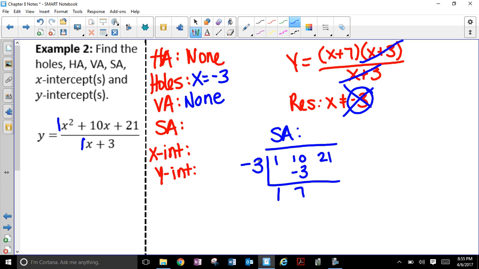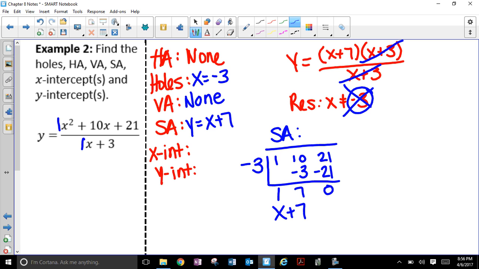Then multiply the -3 times 7 is -21. And then 21 plus -21 is 0. If you get 0 here, that means there's no remainder. So then my slant asymptote is x plus 7. And it's x to the first because we started with x squared, and then when you divide, it bumps it down a degree. So my slant asymptote is y equals x plus 7.